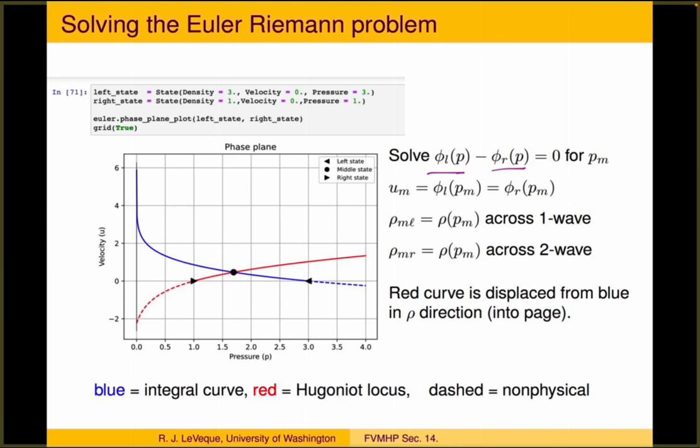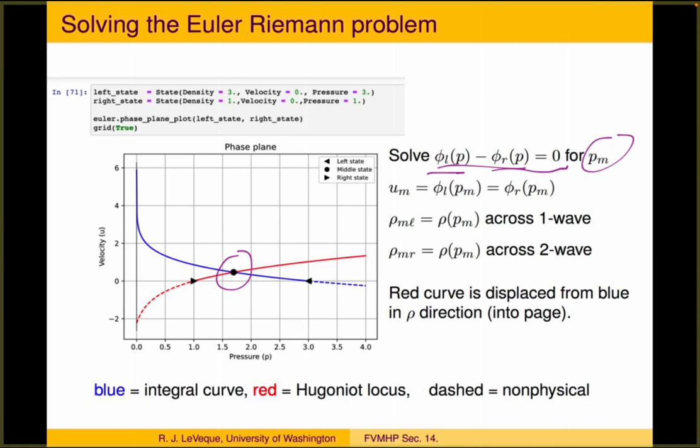Phi R is defined based on 3-waves, and then we want to find this point in the middle here that lies on both of these curves. We can do that by requiring that phi L of p, which is u in the middle state, should equal phi R of p, also u in the middle state. Subtracting those and setting that to 0, we get a nonlinear scalar equation that we can solve for the pressure in the middle state by applying Newton's method or some other nonlinear solver.